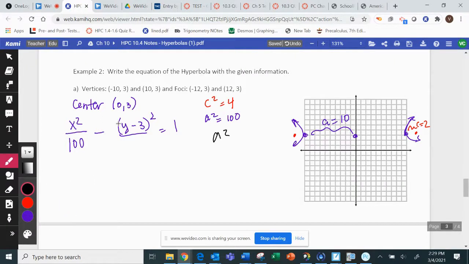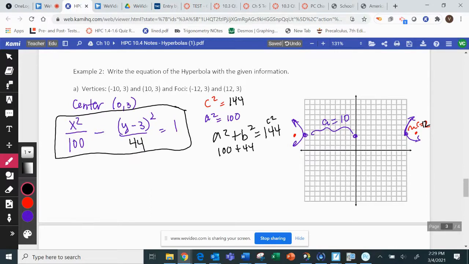A squared plus b squared equals c squared. So 100 plus 44. So that means this has to be 44 here.